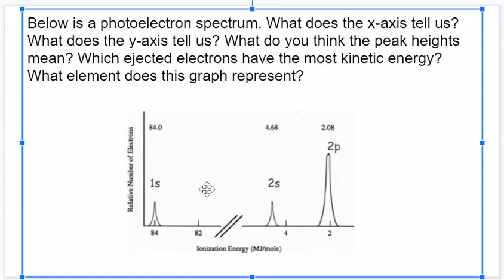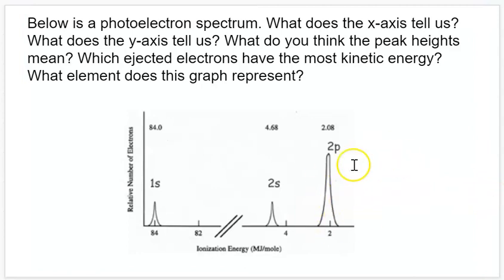If you think about inner shell electrons versus outer shell electrons, the amount of energy it takes to remove them is exponential based off the distance. The farther away you get from the nucleus, the easier it is to remove. So we can assume that this peak here corresponds to inner shell electrons, and these peaks over here correspond to outer shell electrons. And we'll also notice that this inner shell only has 1 peak, but this outer shell has 2 peaks.